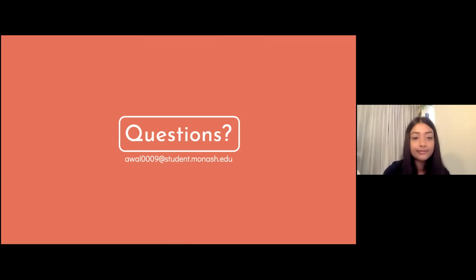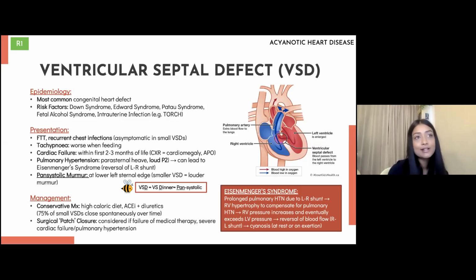Someone's asking what the paradox of VSD was. I'll get the slide up as well. That paradox was just with the sound of the murmur in relation to the size of the actual defect. Smaller VSDs have a better prognosis because they'll cause less symptoms.